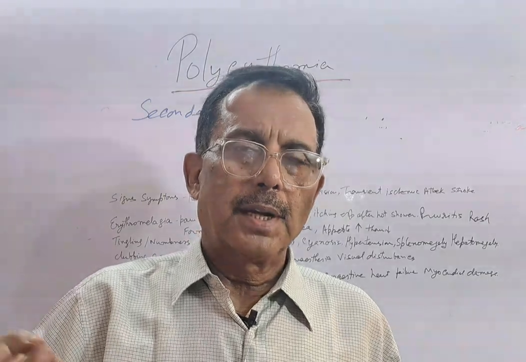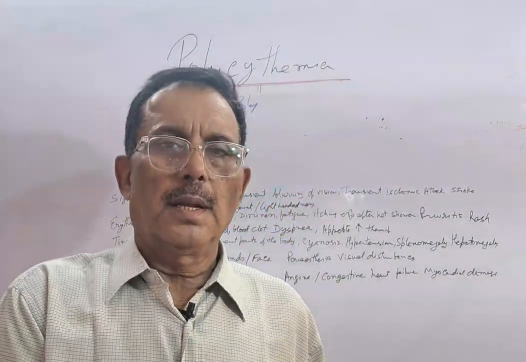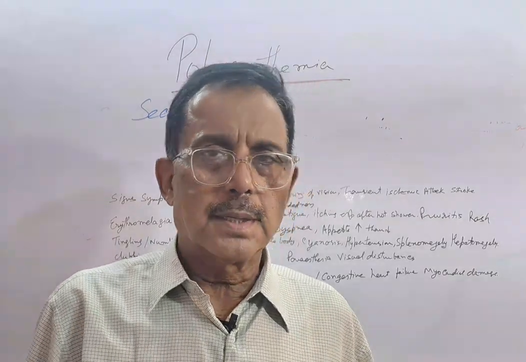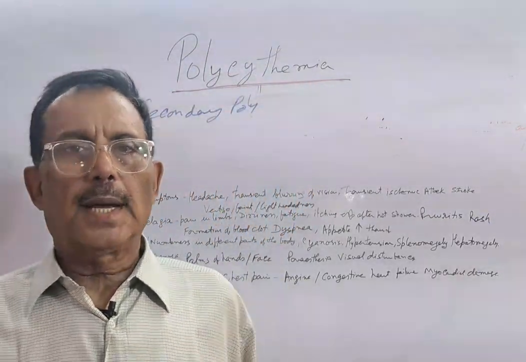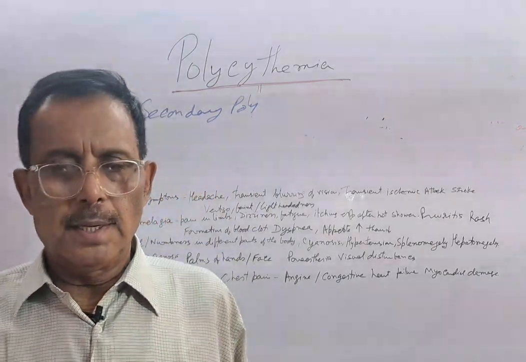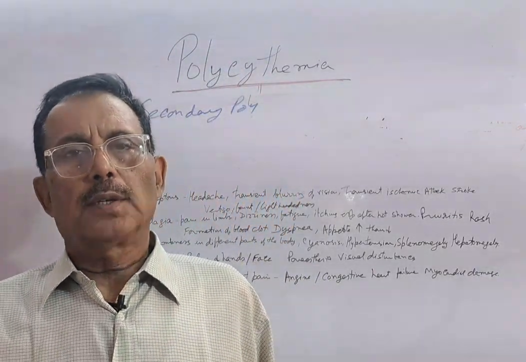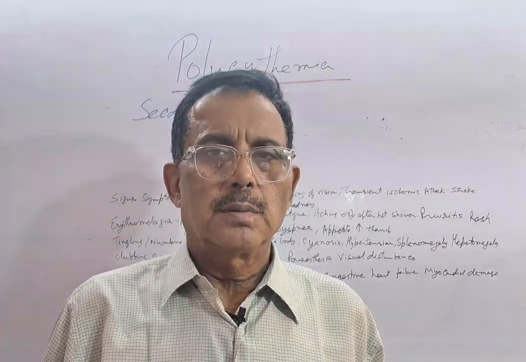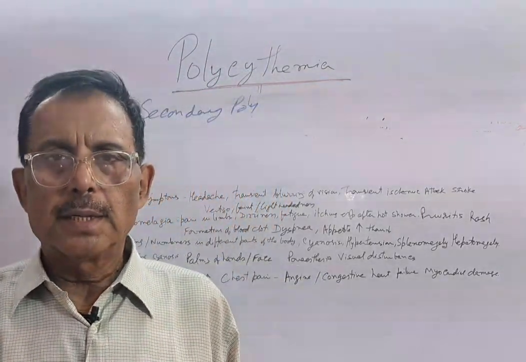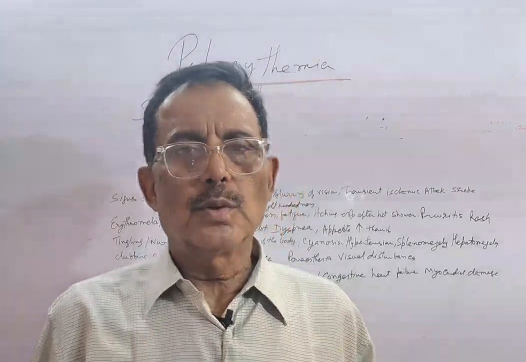Erythropoietin level increases, and that will lead to formation of increased RBC. The hypoxia may be due to any cause. It may be in high altitude, it may be due to chronic obstructive pulmonary disease or sleep apnea or cyanotic heart disease. These may cause hypoxia leading to polycythemia.